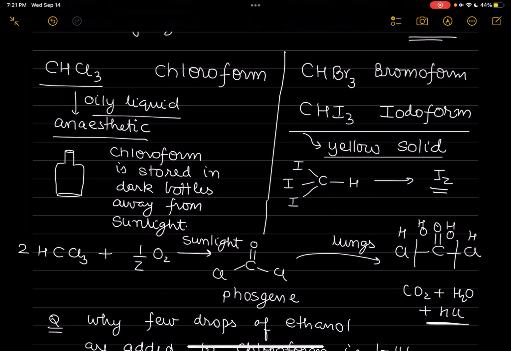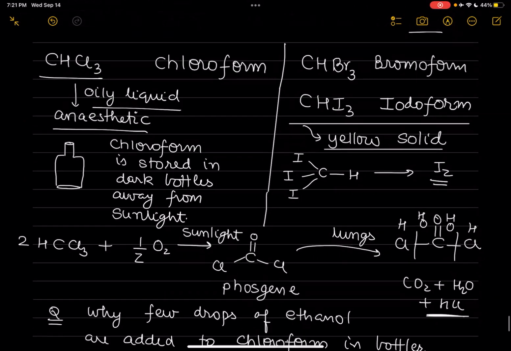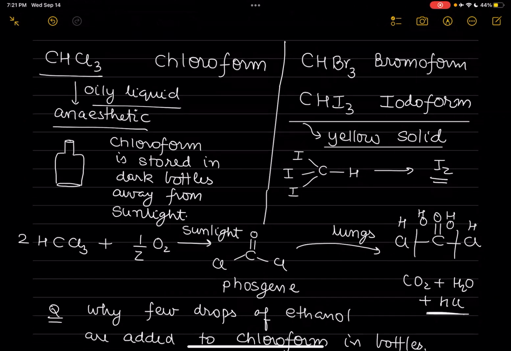It is insoluble in water because it is a carbon compound, and most carbon compounds are insoluble in water, but it is soluble in organic solvents. Because it releases I2, it decomposes.